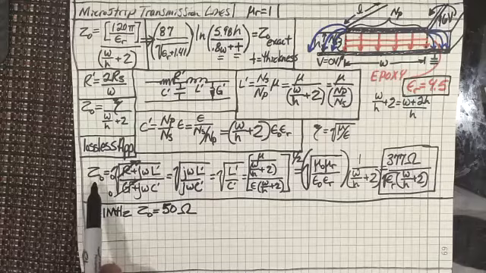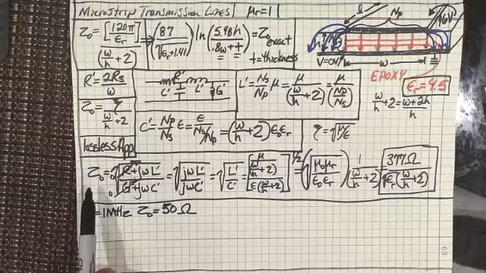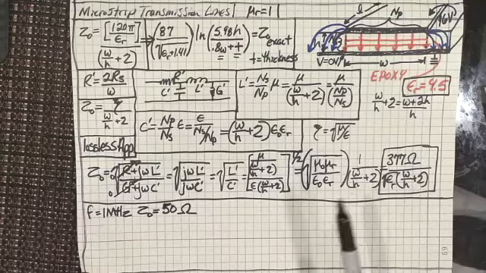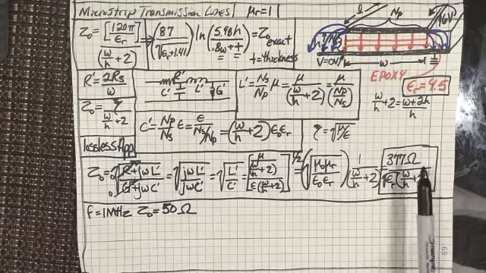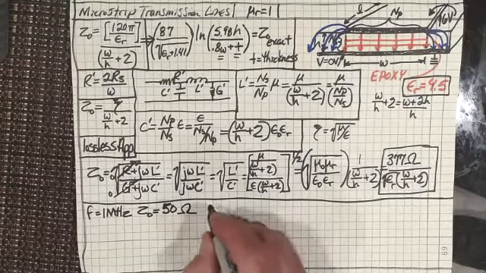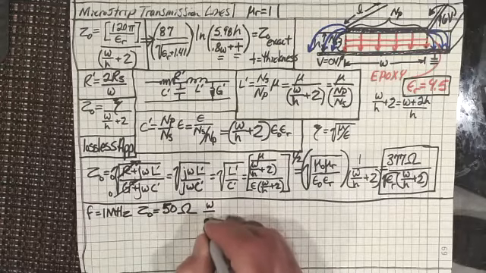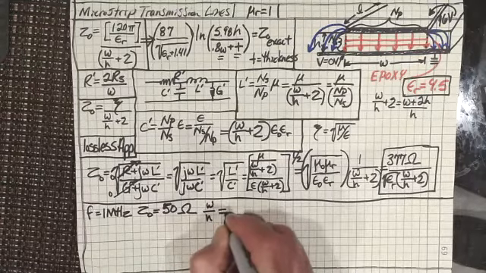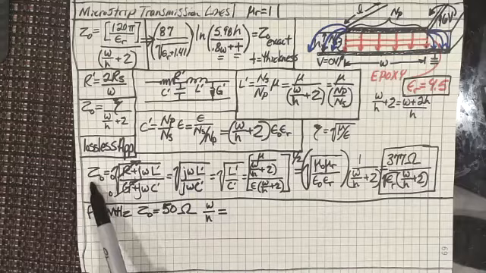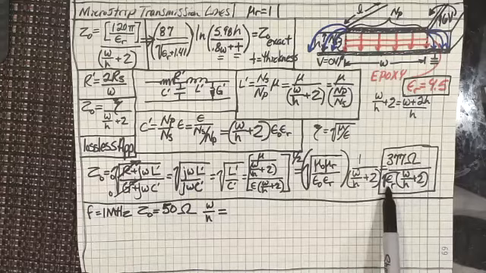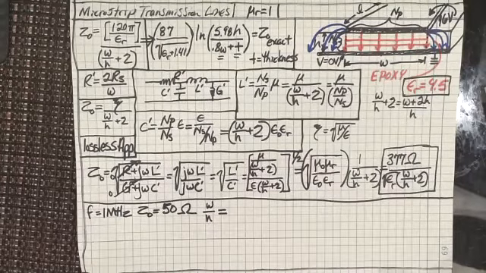So if I wanted to find W over H, first of all, I've got the Z sub 0 over here, so let's take that and divide it by this, 377. So W over H is going to be equal to, the first thing we want to do is take the 377 and bring this up into the other side too, the square root of epsilon sub r.